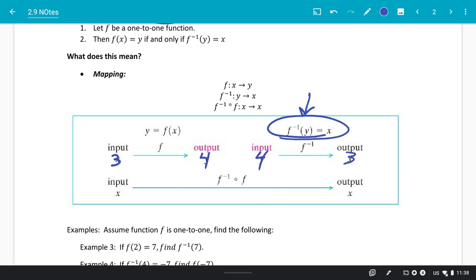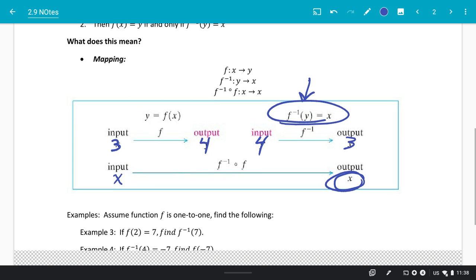Anytime you do the composite function to any input, to any number, and you do the composite of those two functions to it, look what you're getting out. The exact same number. That's how you know they're inverses.